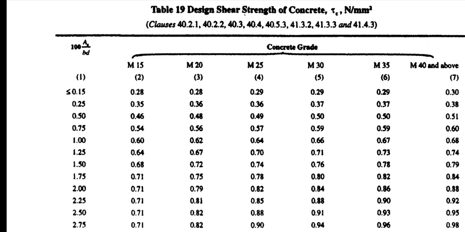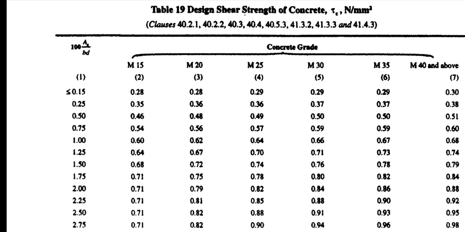So for percentage of steel 0.33 and grade of concrete M20, the value of tau C will definitely lie between these two values, 0.36 and 0.48. We have to find that with the interpolation method.